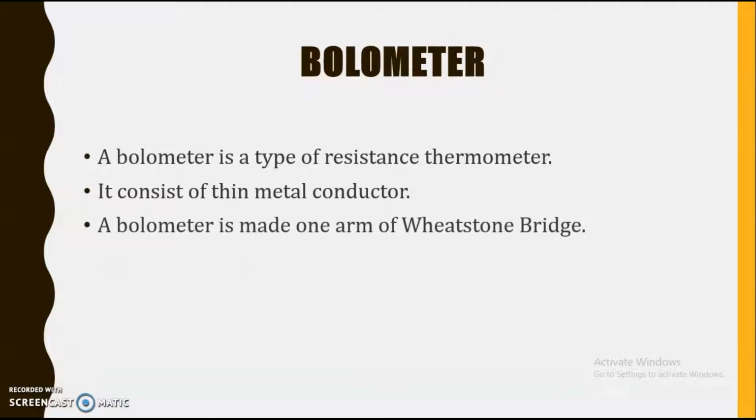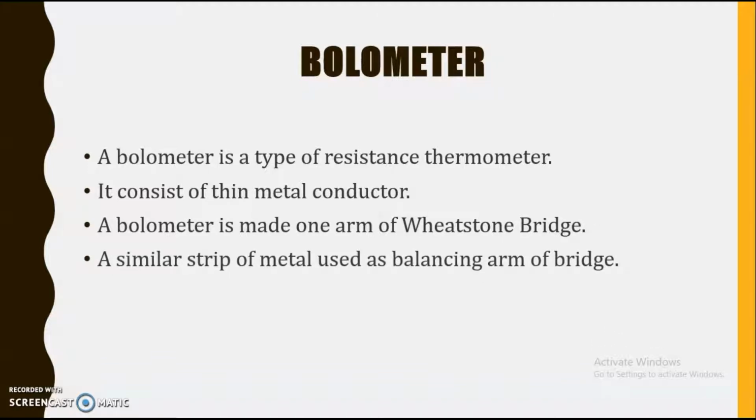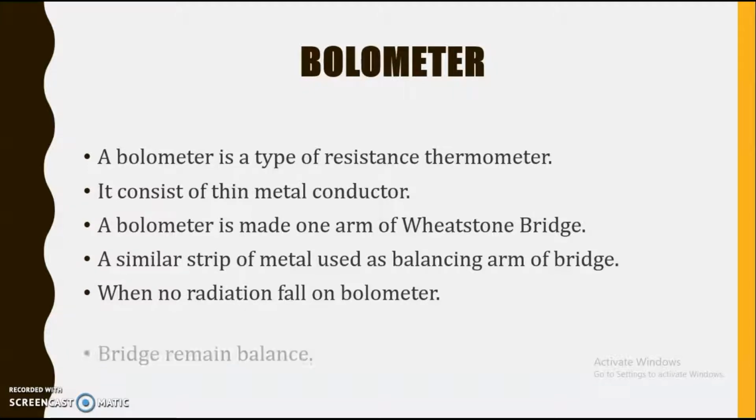Actually, the bolometer is made up of one arm of a Wheatstone's bridge. As we know, a Wheatstone's bridge consists of 4 different arms, in which a thin layer of metal is used as a conductor. Also, a similar strip of metal is used as a balancing arm of the bridge. Now, when no radiation falls on this bolometer, the bridge remains balanced.